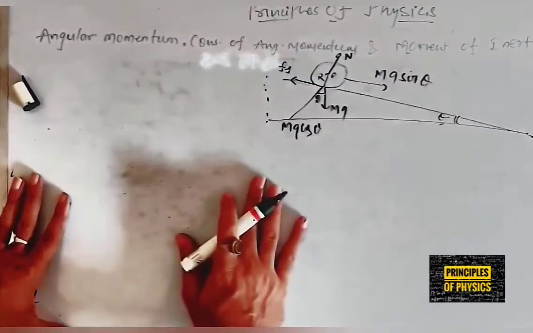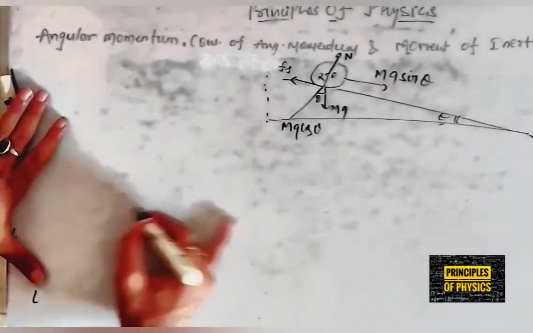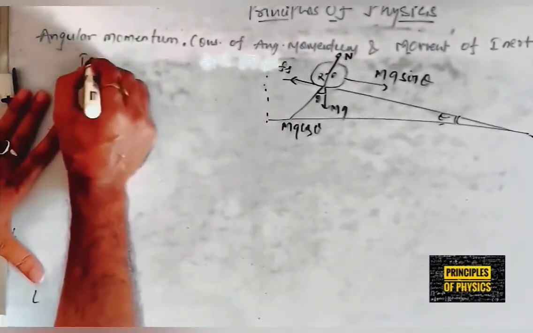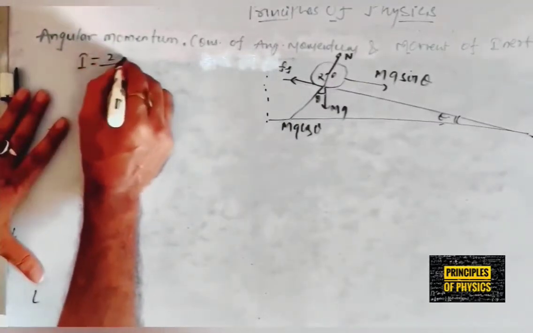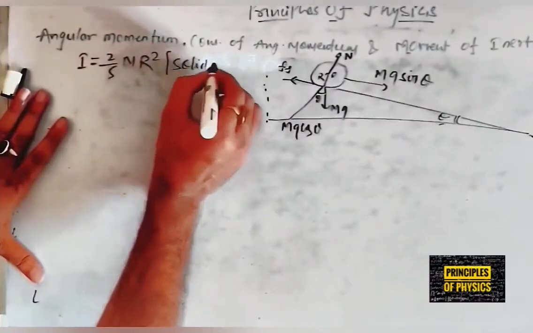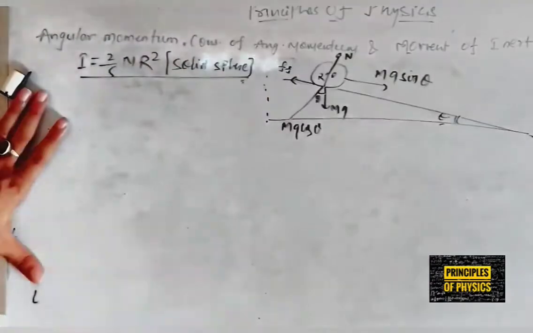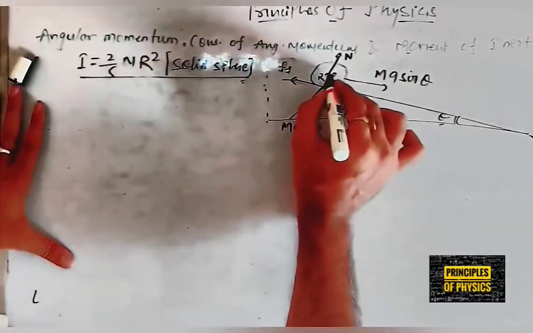So in the starting we will describe some points, so it will help in further calculation. That is I, the moment of inertia of a solid sphere, that is 2/5 mr square. We will use the torque system at the point of origin.